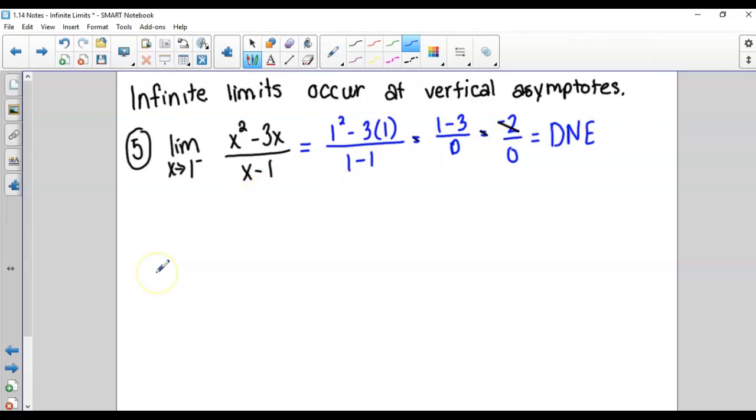So, in this case, there are some different ways that we can figure this out. For some of these, I'm going to give them to you calculator inactive. So, if this problem is calculator inactive, you basically have to resort to plugging in some numbers to figure out what's going to happen here. So we're going to do it calculator inactive, then I'll also look at the calculator quickly so we can see what's happening.